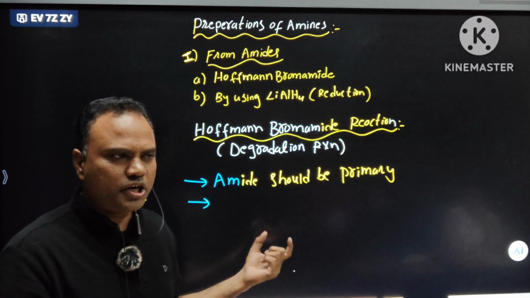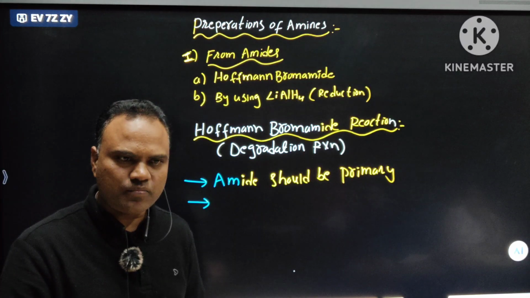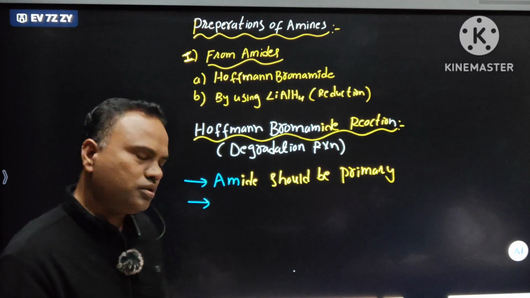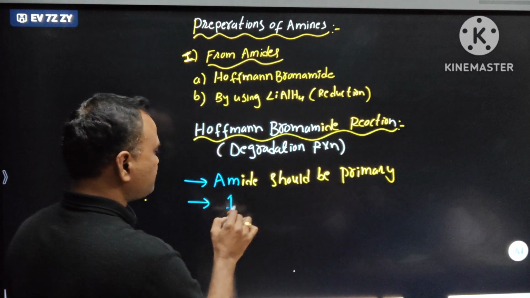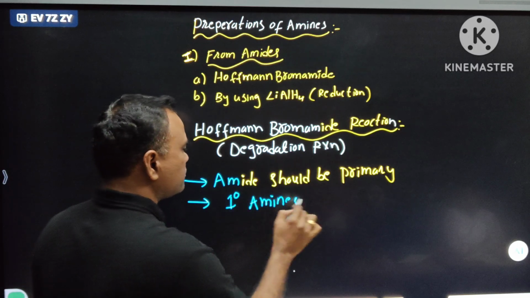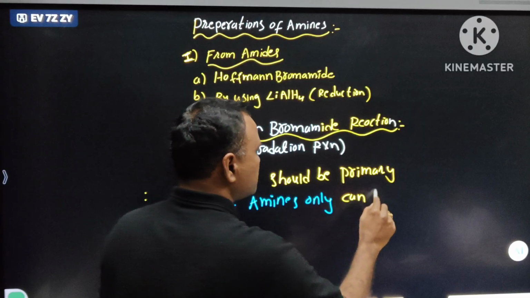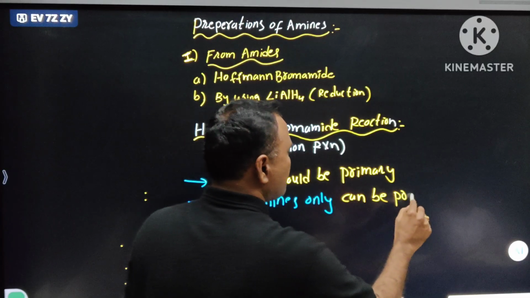In Hoffman bromamide reaction, we can prepare primary amines, including both aliphatic and aromatic also. Clear? Mention that. Primary amines only can be prepared.